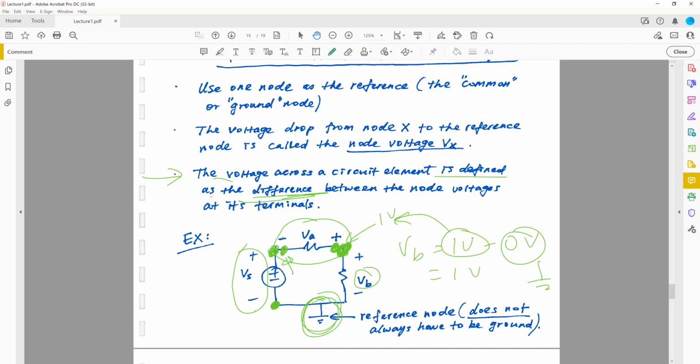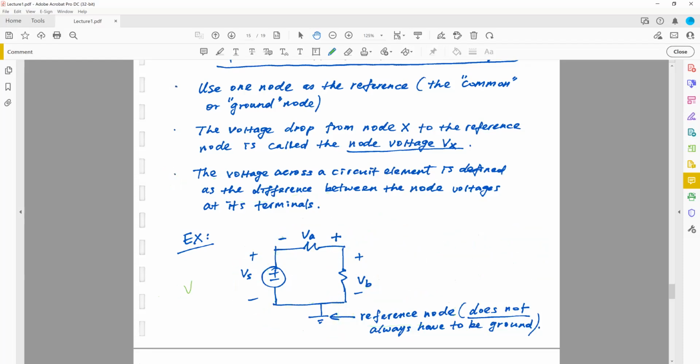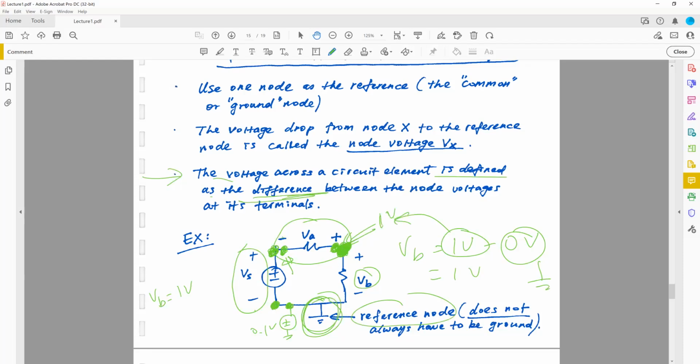Now, if I change this reference to something else, if this reference node is not sitting at ground anymore, but at another voltage, 0.1 volts, then VB is not going to be 1 volt anymore. Instead, it's going to be how much? If this node is no longer sitting at 0 volts, then VB is going to be 1 volt, always kept at 1 volt as an example, minus 0.1 volts, which gives you 0.9 volts.